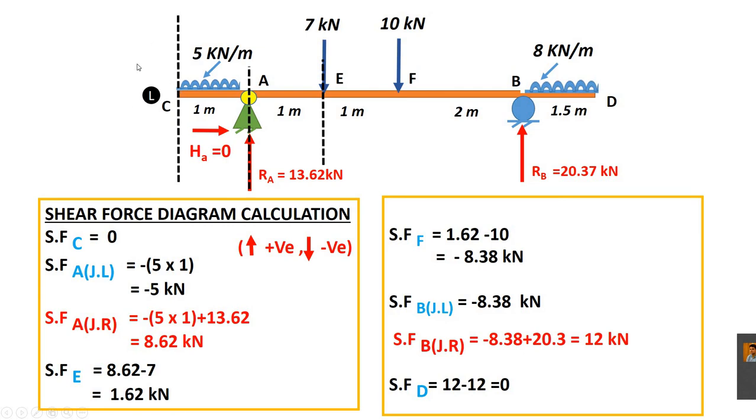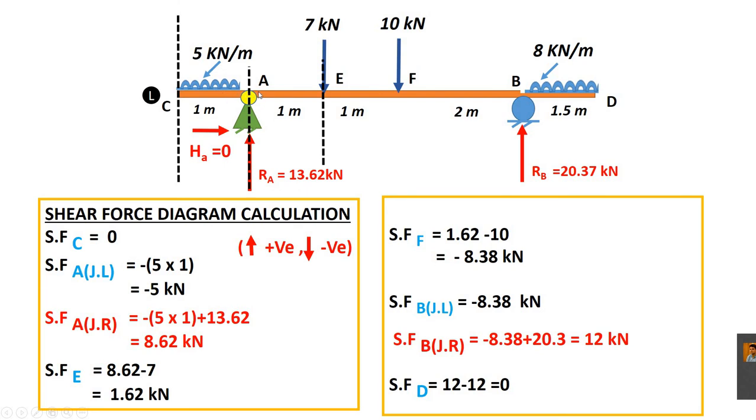What about the shear at C? If you consider the left, do you have any vertical force on the left side of point C? We don't have any vertical force, so shear at C is equal to 0. If you move on to point A, and look at just the left part of point A, what do we have? 5 into 1.